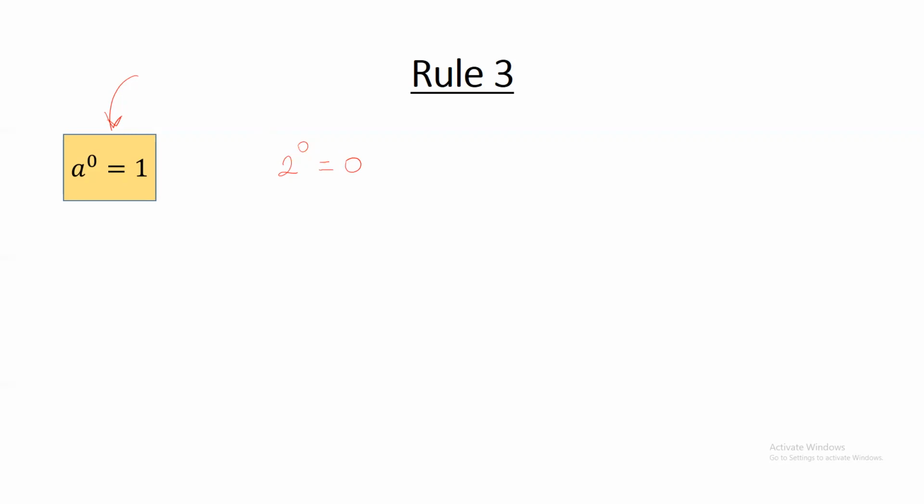Why is that? Let's consider 2 raised to the 3rd power, which is 2 times 2 times 2, right? 3 is the exponent, but at no point in this problem do I multiply anything by 3.